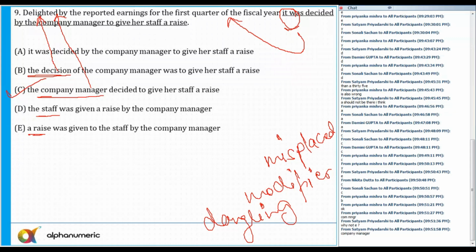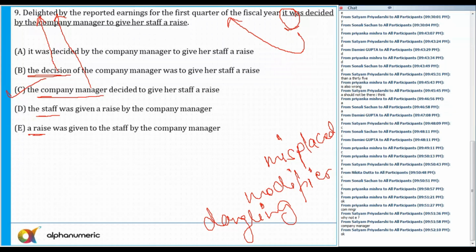You understand what a modifier is? A modifier is extra information about somebody or something. The rule is that the extra information will have to be placed as close as possible to that person or thing which it relates to. This information, delighted by the reported earnings, pertains to the company manager. So immediately after this information, I'll have to write company manager. Otherwise, it will seem that there is something called a raise which was delighted by the earnings, which is not logically possible.